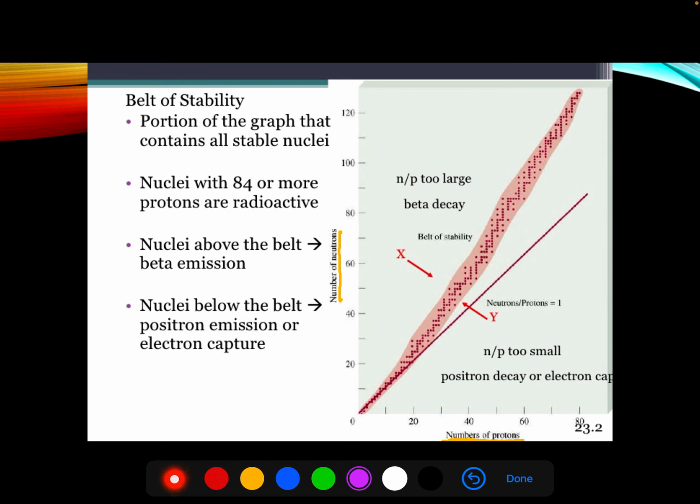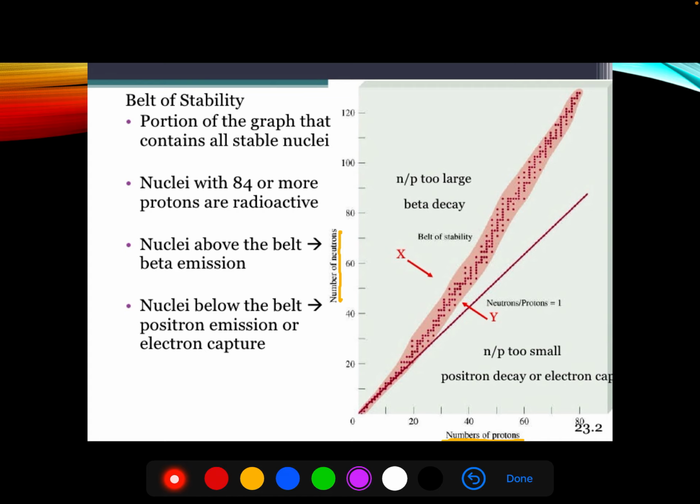That means that if I have element number 60 from the periodic table, which is neodymium, it is stable if it has about 90-ish neutrons, right? So let me show you another example. Let's look at element number 70.